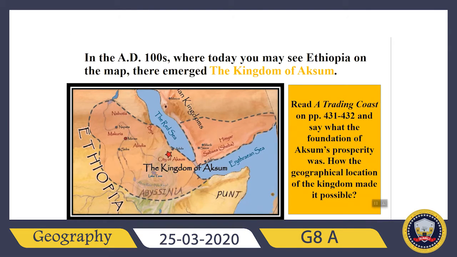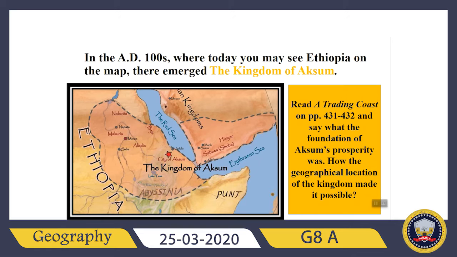Now, in the AD 100s, or in the 1st century, where today you may see Ethiopia on the map, there emerged the kingdom of Aksum.